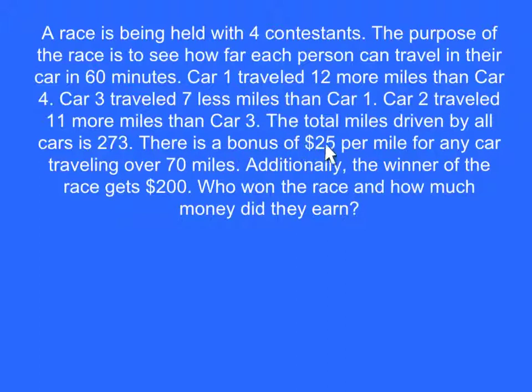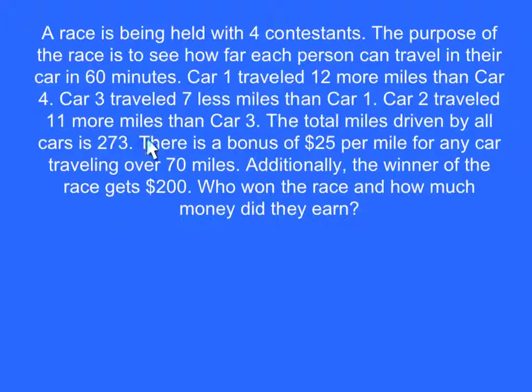There is a bonus of $25 per mile for any car traveling over 70 miles. So they get the bonus if they travel over 70 miles, but it says the bonus of $25 per mile. So they get $25 per mile, but they don't get the bonus unless they get over 70 miles.